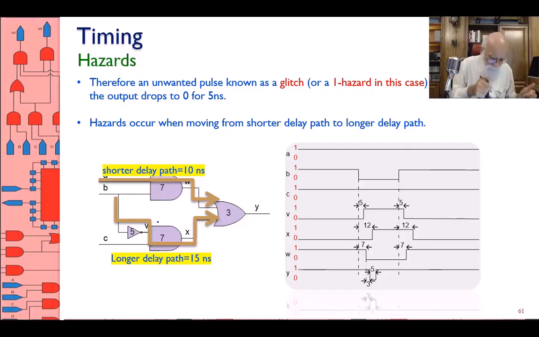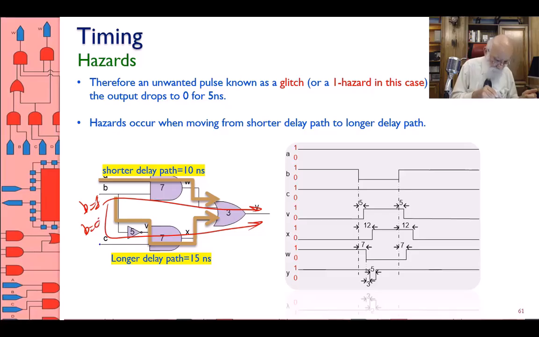Shorter delay path is when B is 1. Longer delay path, in this case because of the inverter, is when B is 0. The shorter delay path makes the output 1, and the longer delay path makes the output 1. When you're switching from the shorter delay path to the longer delay path, you get a hazard.